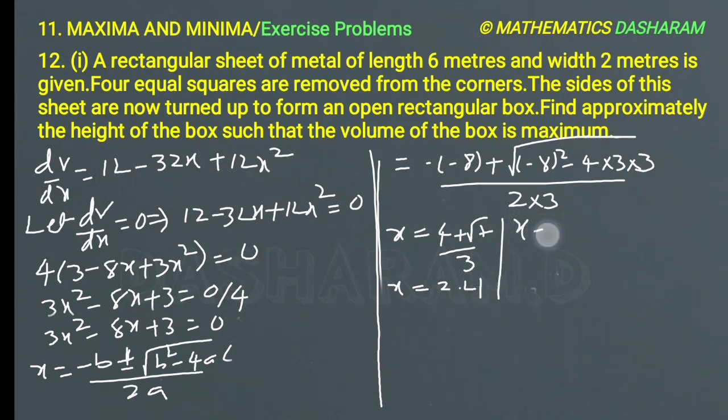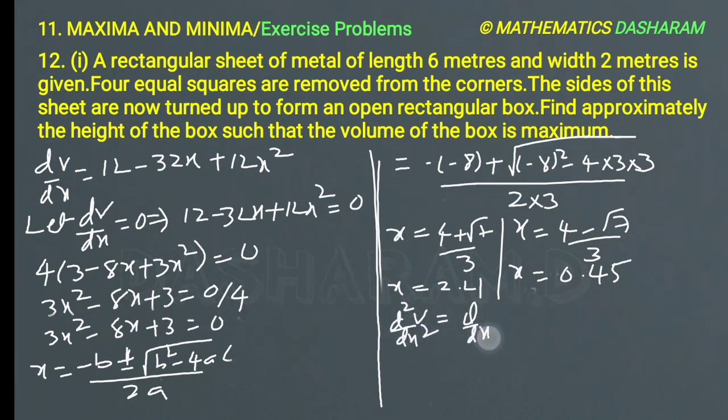Next, one more x value, 4 minus root 7 divided by 3. Substituting root 7 value 2.64, we get 0.45. Now let's check for which x value the volume becomes maximum. So find out d square V by dx square.